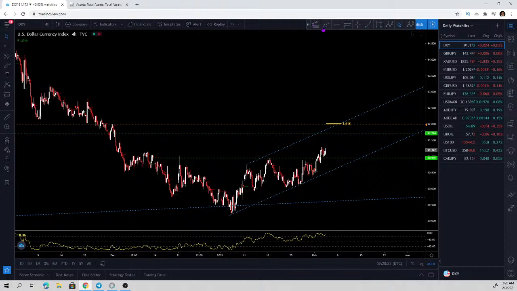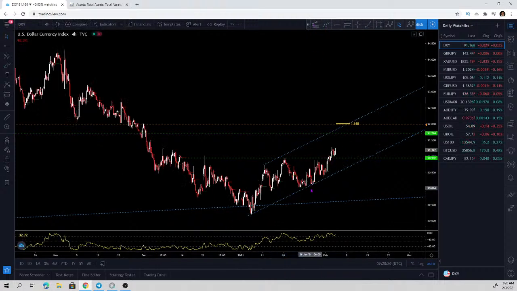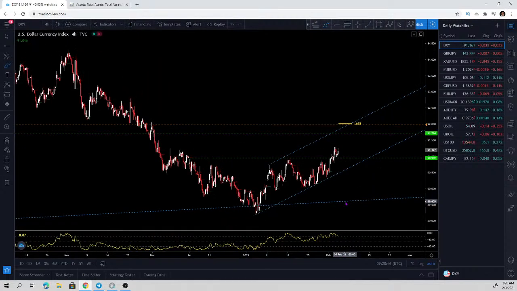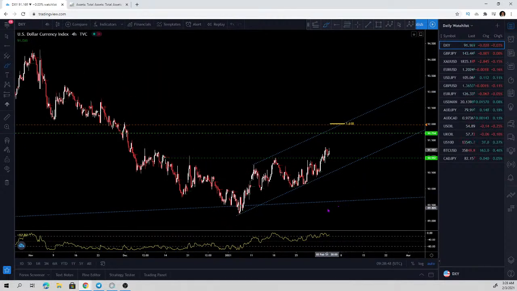We are currently seeing a relief rally, right? This is by no means a switch or a reversal in the market. No, this is just a bearish rally, right?